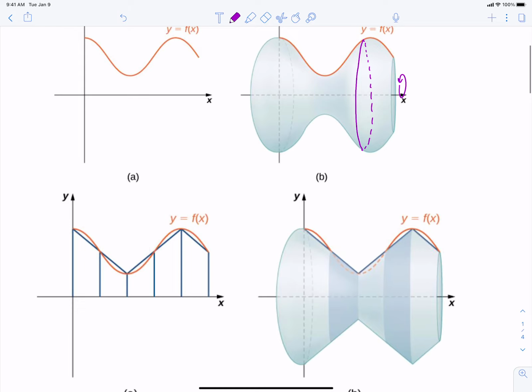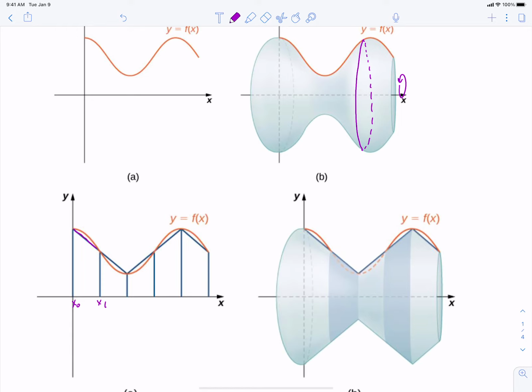So just like anything that we do in 252, we're going to take this region that we want to find the surface area of, and chop it up into little pieces, find the surface area of each of those pieces, and then add them up. We're going to do something like we did with the arc length, where here's x sub 0, x sub 1.